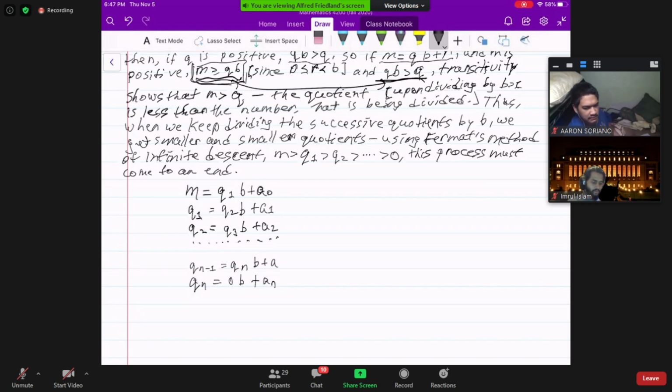So this will be a sub n minus 1, and the one above that, going up, so the subscripts are decreasing, will be q sub n minus 2 equals q sub, and the subscript on the second q is 1 more than n minus 2, which is n minus 1, so q sub n minus 1 times b plus, and again, the subscript on a is the same as the subscript on the q. It's n minus 2.